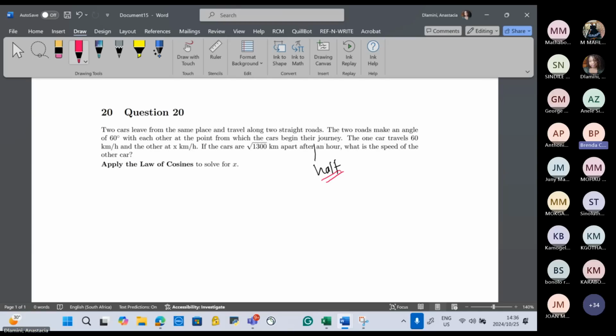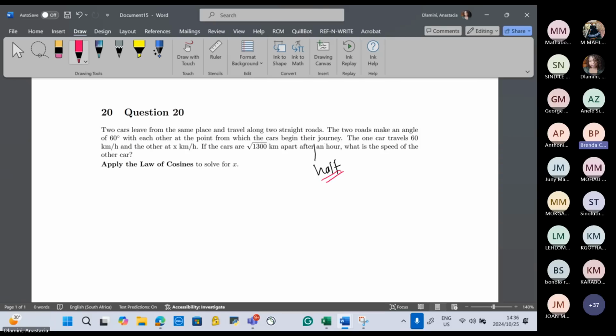Wait, let me read the question. So we're given distance and speed.